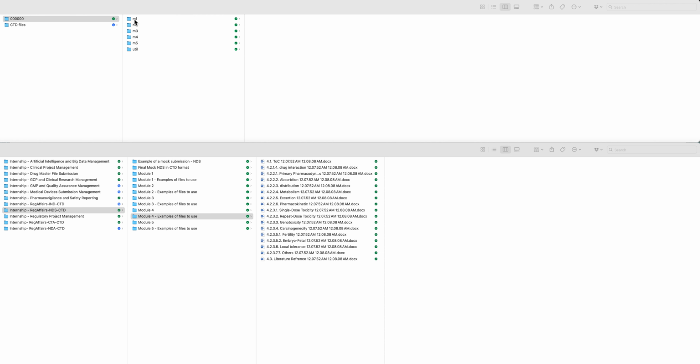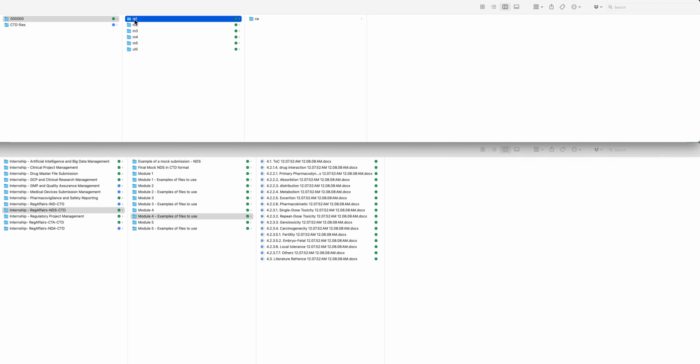We already looked into module 1, which is for the administration, and here I'm showing you module 1 for Canada. This is where we have the table of content, application information, electronic review, etc. I will bypass that since it has already been discussed in previous lectures.